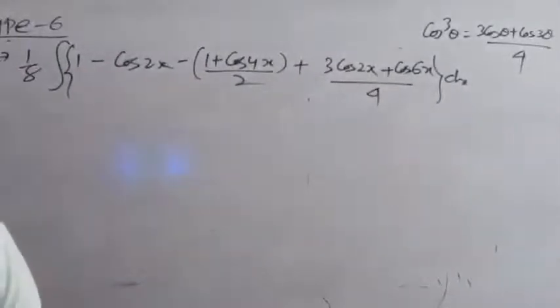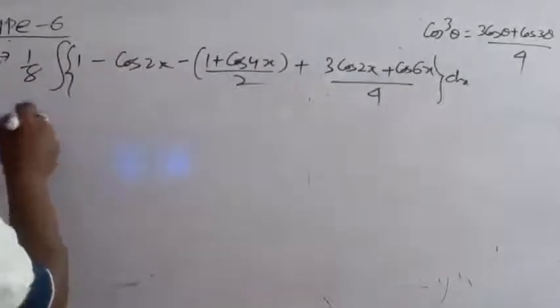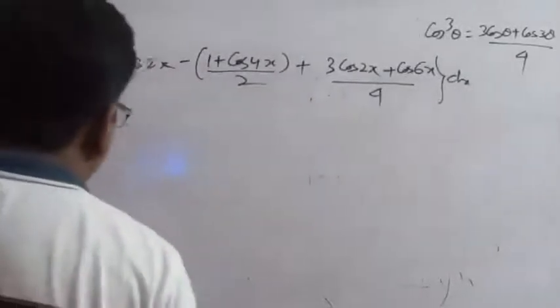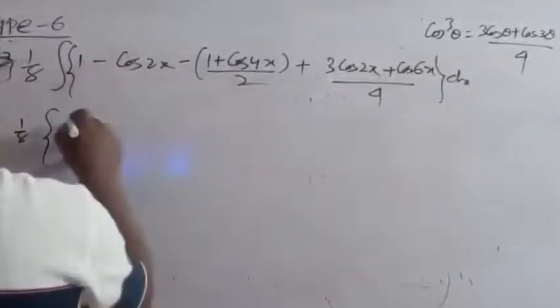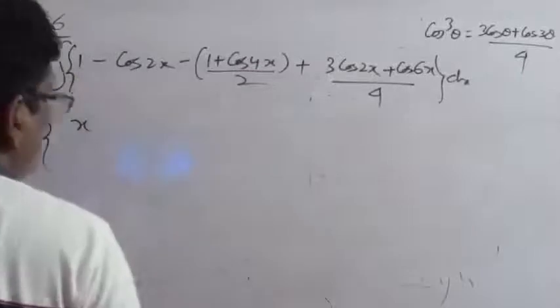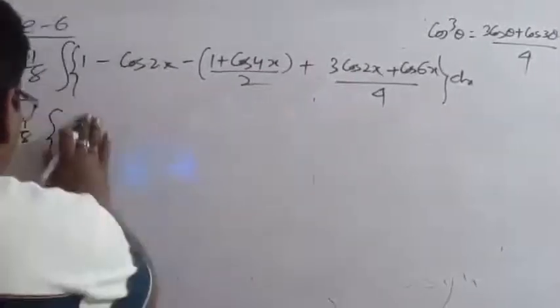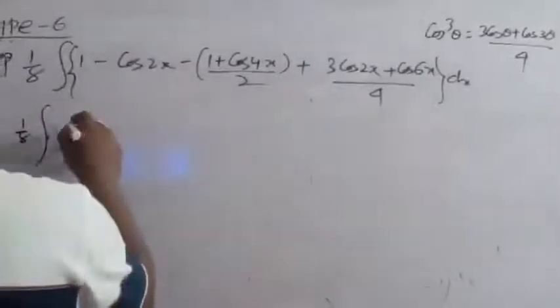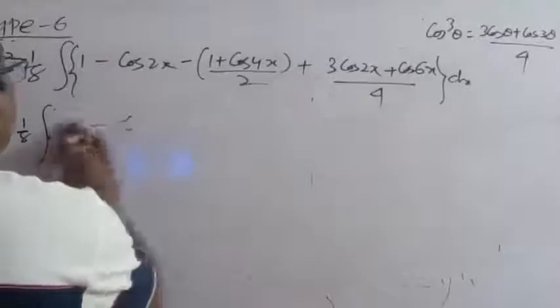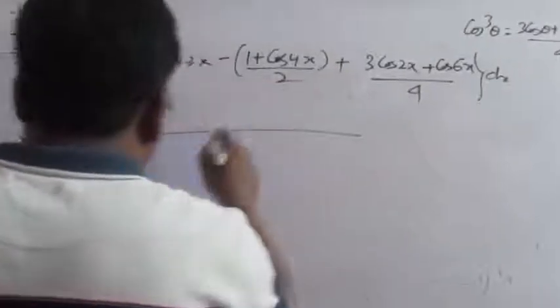So here this is 1 by 8, integration of dx and integration of cos 2x. Simplify it, then finally integrate. This is 1 minus what? The LCM will be 4.